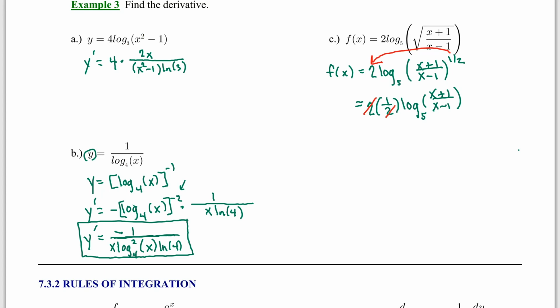Then we can further expand this logarithm. We'll take logarithm of the argument in the numerator minus log base 5 of the argument in the denominator. Now remember, you cannot distribute a logarithm across a sum or a difference, so that's as expanded as we can get. Now we're ready to find the derivative, so I'm going to label that over here on the left side.